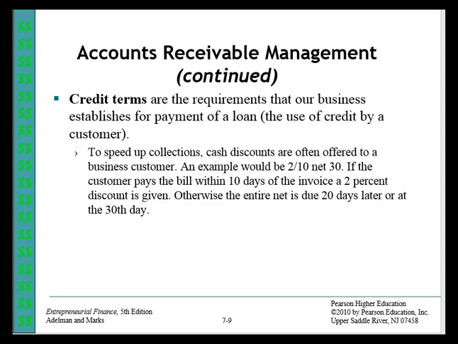If the customer pays their bills in 10 days, they'll get a 2% discount on this invoice. If they don't pay in 10 days, the entire amount is due 20 days later. So essentially what this does is it reduces the cost of your inventory if you pay within 10 days.